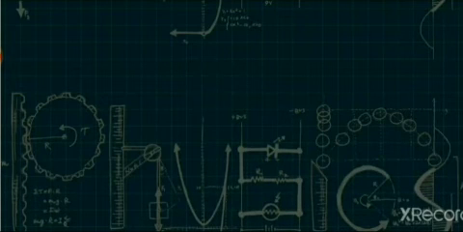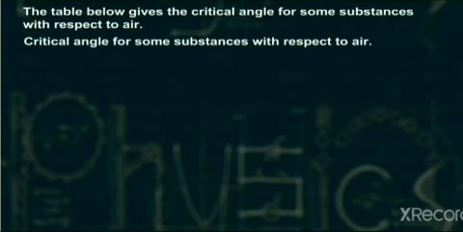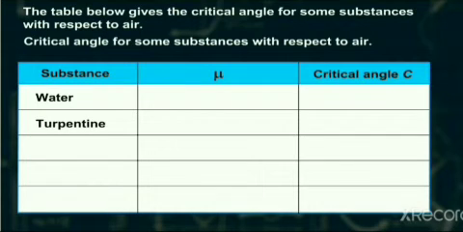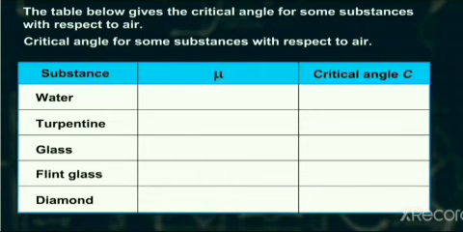Critical angle for some substances with respect to air. The table lists water, turpentine, glass, flint glass, diamond. Refractive index of water is 1.33 and its critical angle is 48 degree 45 minutes, which is approximately equal to 49 degrees.